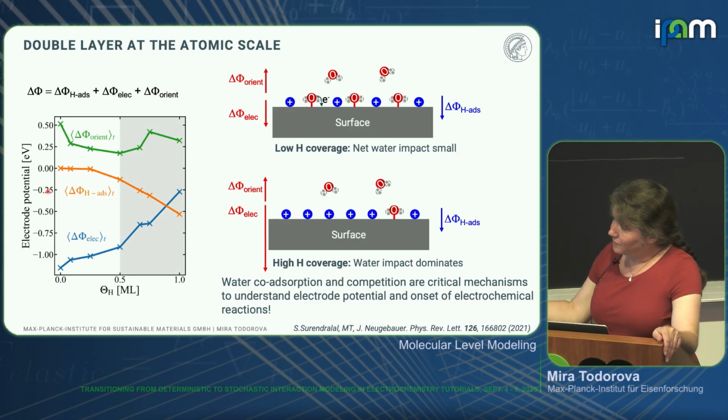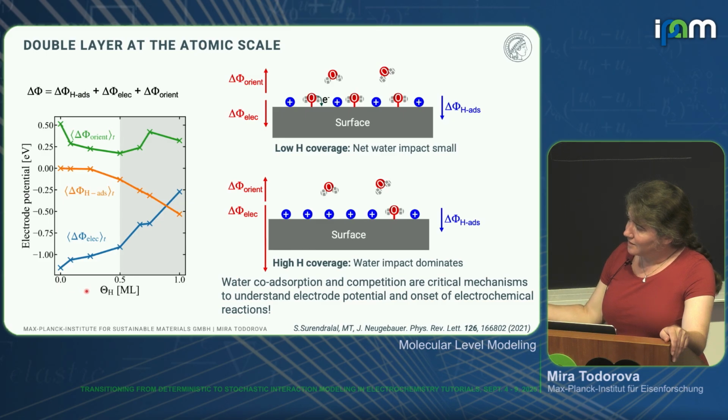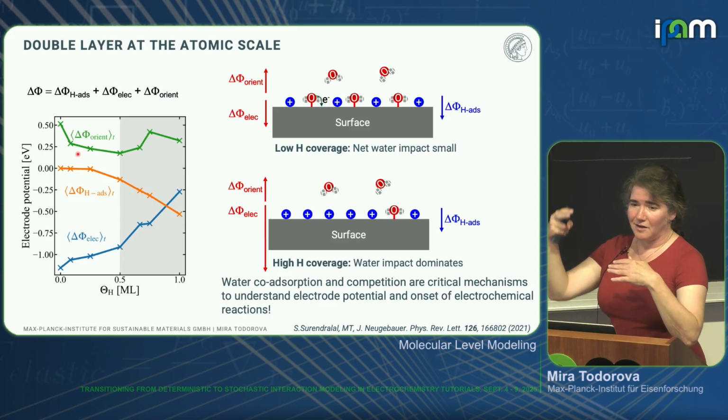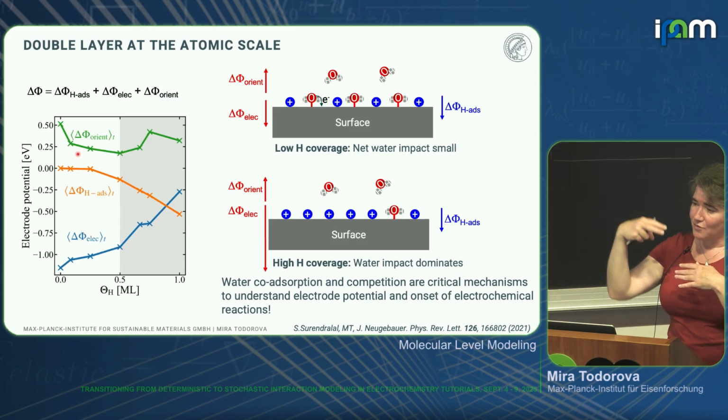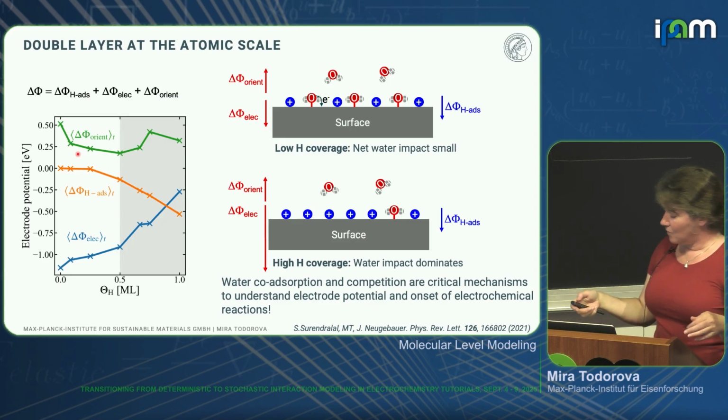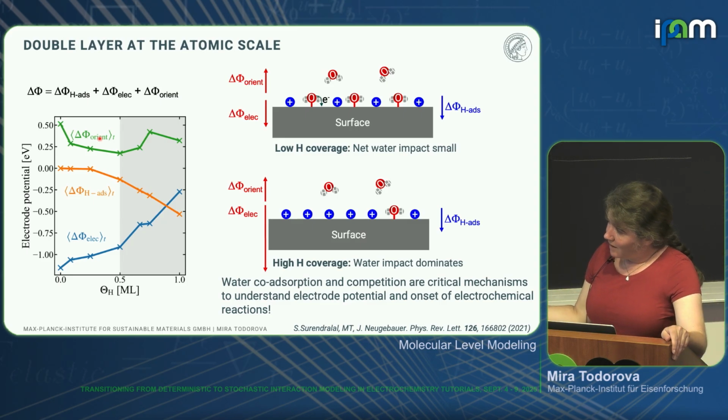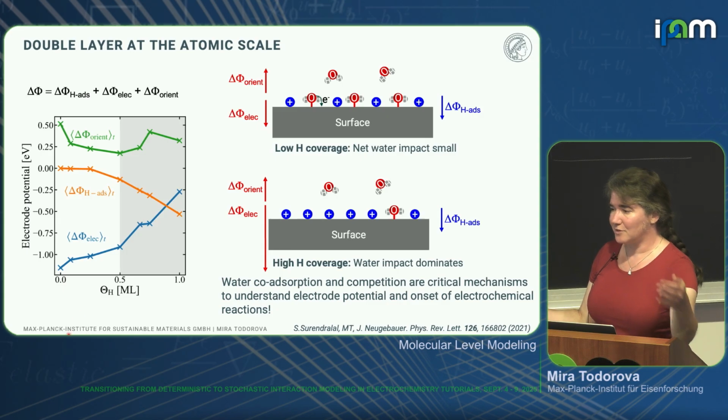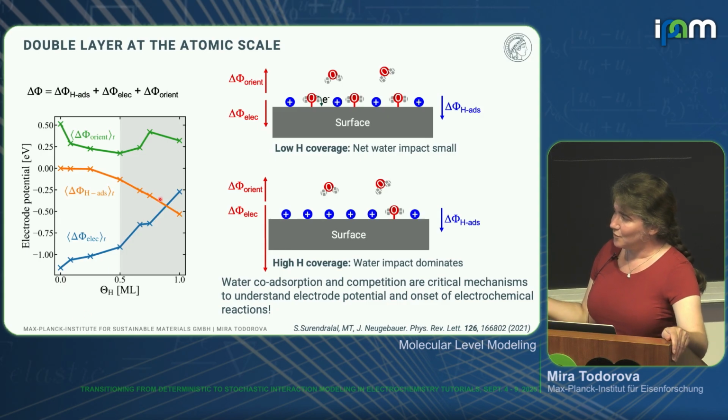What you can also see if you look at these two curves is that up to about half a monolayer of coverage, they have almost opposite behavior. So they would cancel out, but they will give rise to a shift. And this is the shift that we saw initially in our work function plot. After half a monolayer, we see that the contribution that comes from electrons transferred to the surface continues to rise, but the orientation of water now has a different behavior.